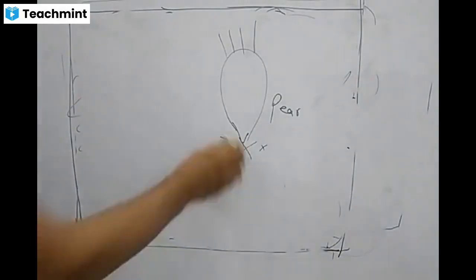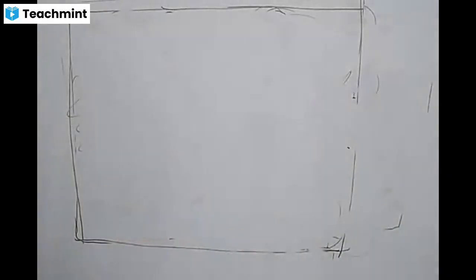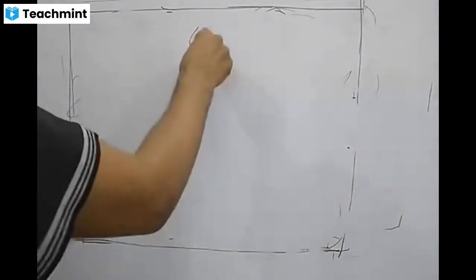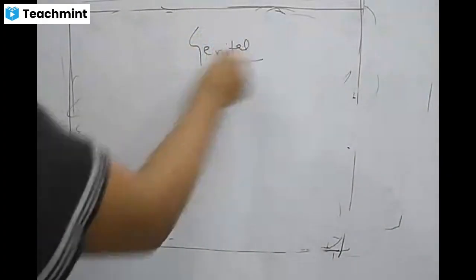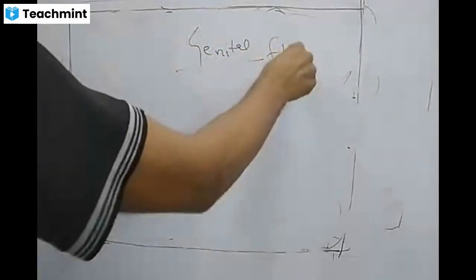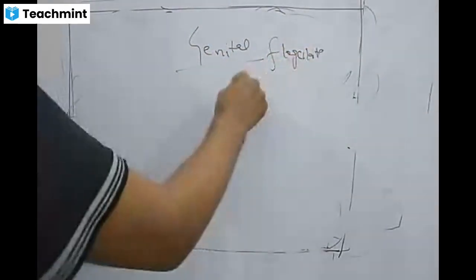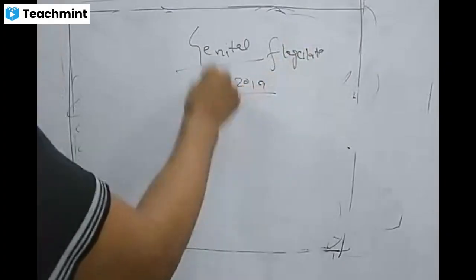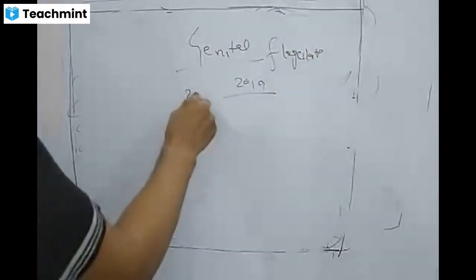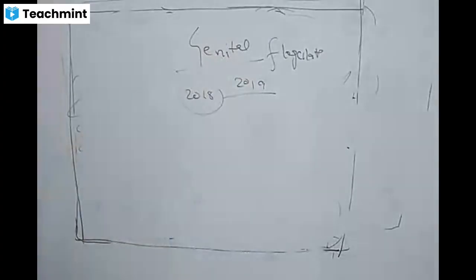The next is our genital flagellate. We have one flagellate that affects the genital organ, so we call them genital flagellate. In 2019, there was one MCQ from this genital flagellate, and from 2018, again an MCQ from the morphology.